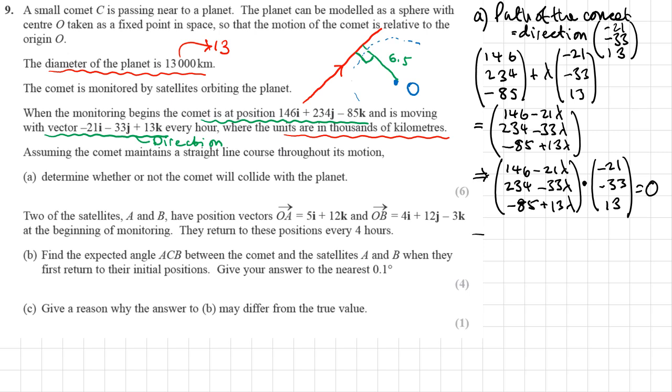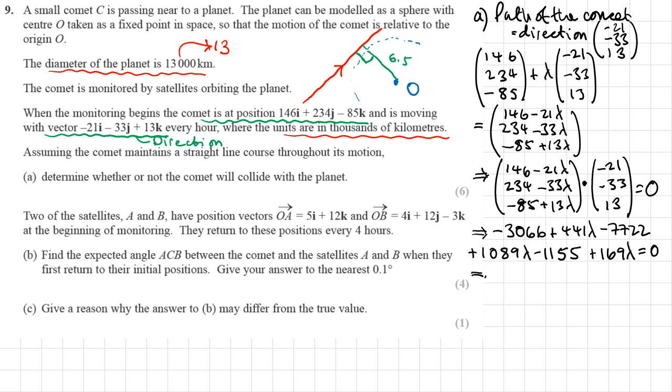So if I do the dot product, I'll get negative 3066 plus 441 lambda minus 7722 plus 1089 lambda minus 1155 plus 169 lambda is equal to 0.